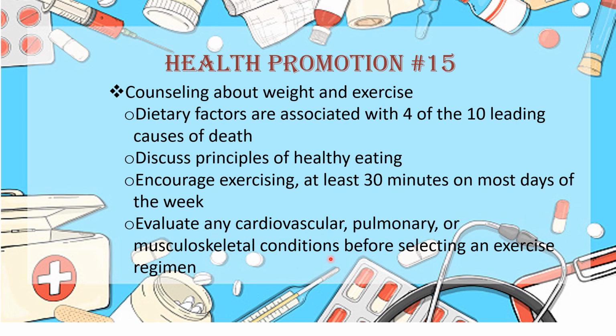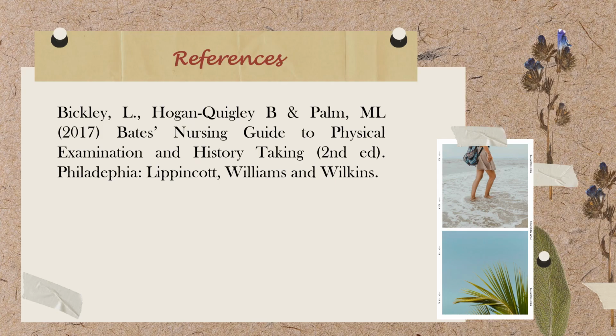Evaluate any cardiovascular, pulmonary, or musculoskeletal conditions before selecting an exercise regimen, because the heart or the lungs may not be able to tolerate it. So, that ends our topic on the cardiovascular system, or the physical examination of the cardiovascular system. And again, this is our reference.